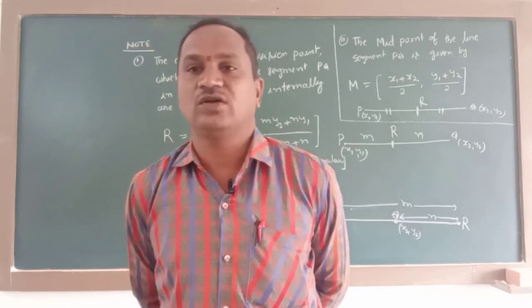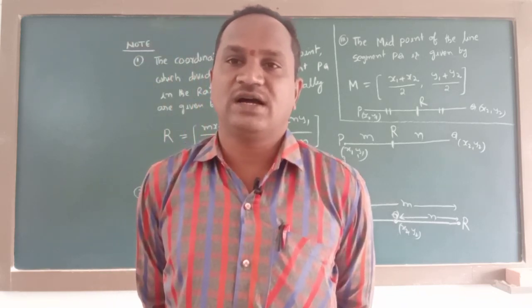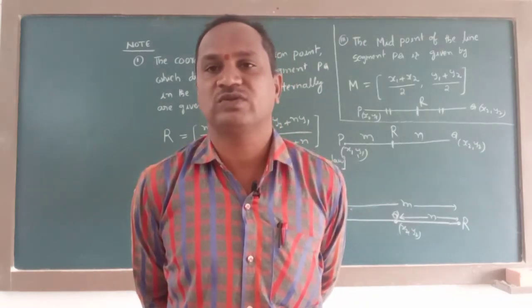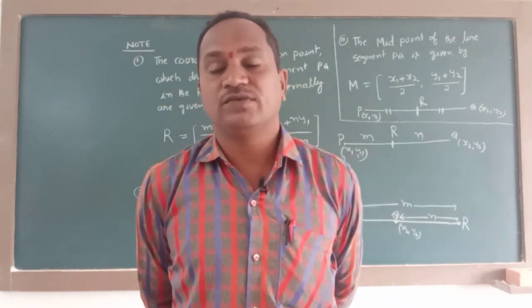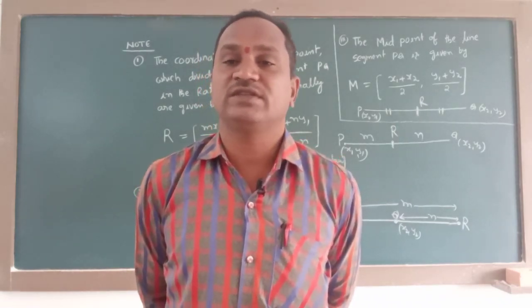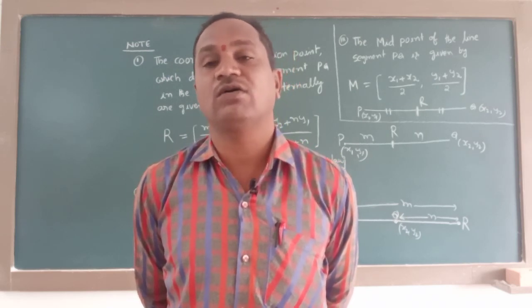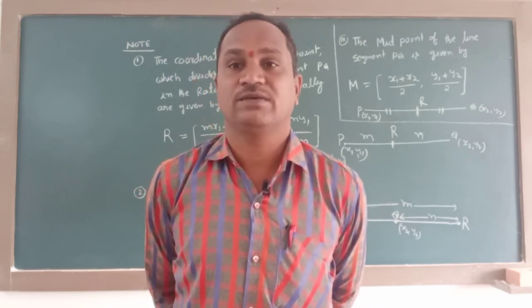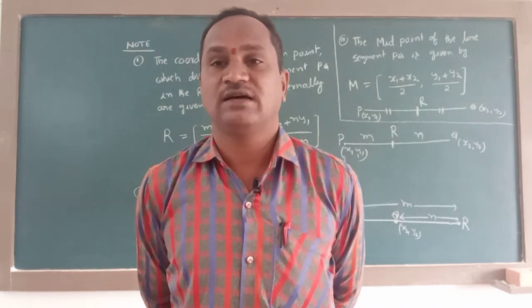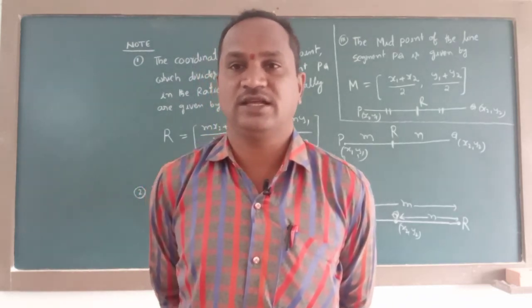After that, I'll start the slope of a line segment, its definition, and how to find the slope formula geometrically. We'll discuss all these in the next class. Thank you very much.